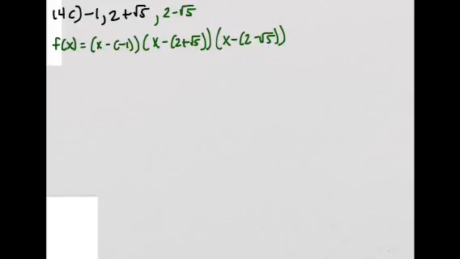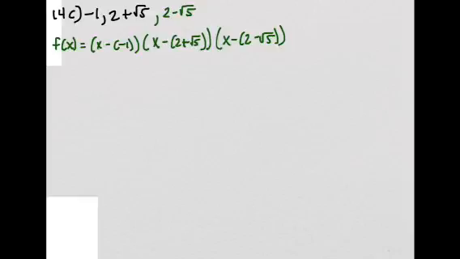Okay, so 14C, they gave you 2 zeros, and you had to add the third one because, just like with imaginary numbers, square root numbers or radicals have to have their conjugate pair also. So right here in green, you have the conjugate of this one.